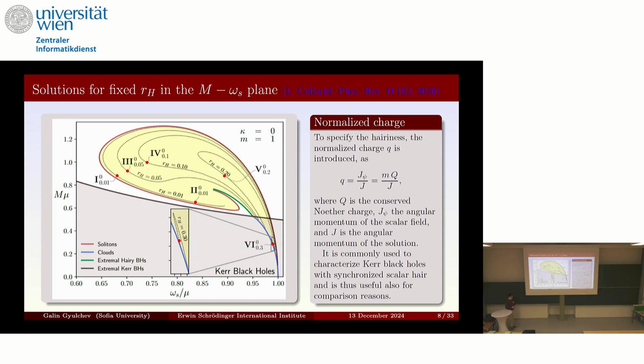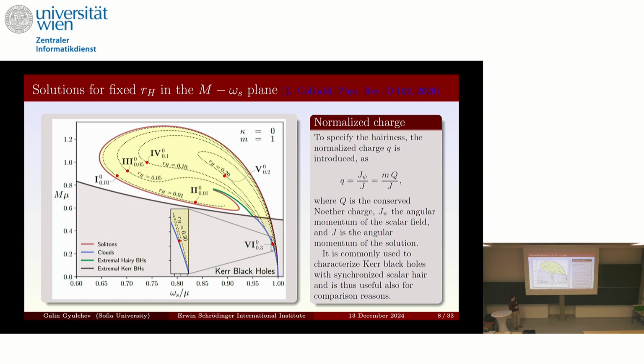So because of this, we introduce this normalized charge, which gives us the opportunity to understand how hairy the solution is. In general, it can be defined with this ratio here, where J psi is the angular momentum of the scalar fields, and J is the total angular momentum of the solution. Or besides, we can introduce it in the other way, considering the conserved Noether charge.